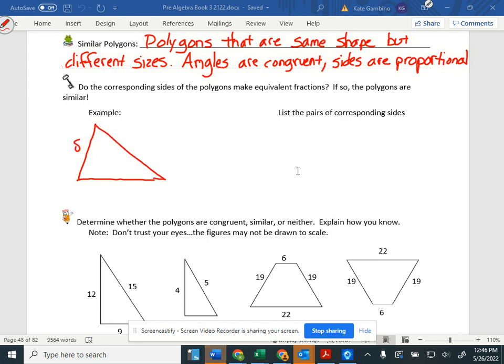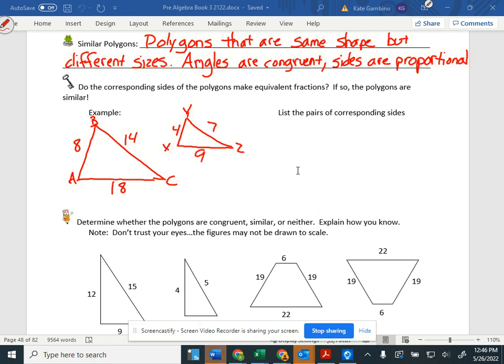So an example, let's say this triangle, that's ABC, has sides 8, 14, 18, and then this triangle is XYZ, and it is 4, 7, and 9.